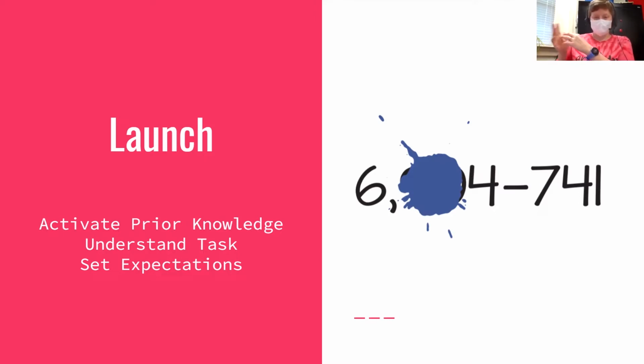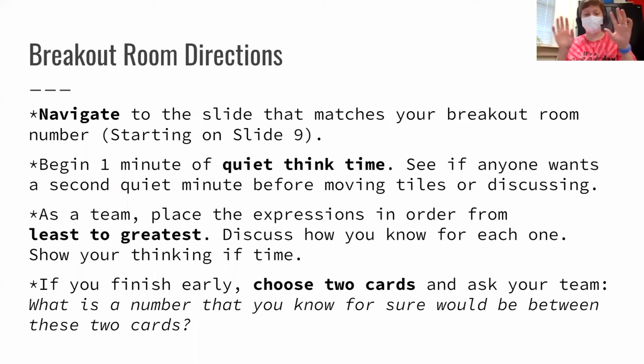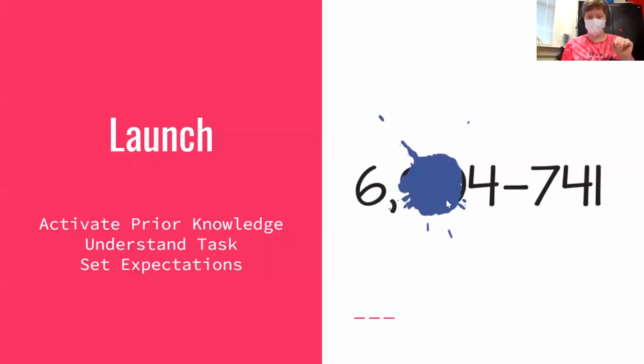We have this expression here, and a paint splotch has been dropped in the middle of the expression. We know some things about this expression and what its value would be, but we don't know everything. We don't know exactly what this expression would be worth. In just a second you're going to see a slide that has 5 expressions that look like this, except that the second half, the operation and the second number, are different.